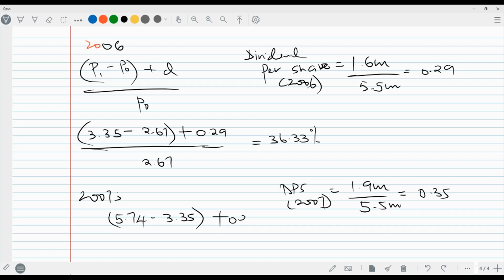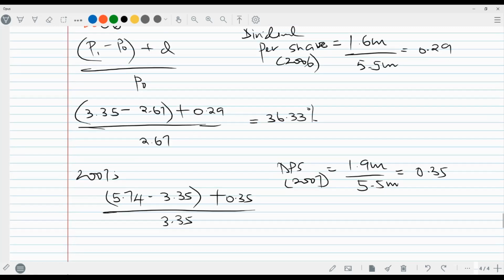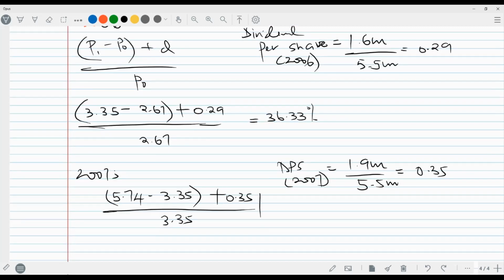So plus 0.35, we divide by the share price at the beginning of the year, 3.35, in percent, and we get 79%. That's for 2007.